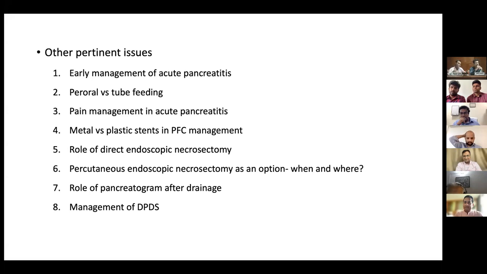AIIMS showed that pentazocine was better than diclofenac, and our center showed that diclofenac and tramadol both worked similarly. We have one more RCT just about to be published, where we have seen that buprenorphine, again an opioid analgesic, is better than NSAID for pain management in acute pancreatitis. Sudipto sir and Praveer sir, for your comments, sir.